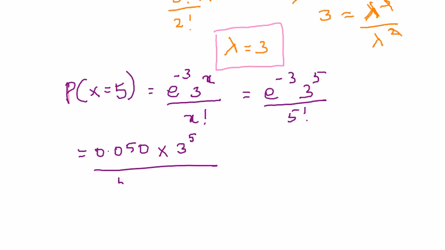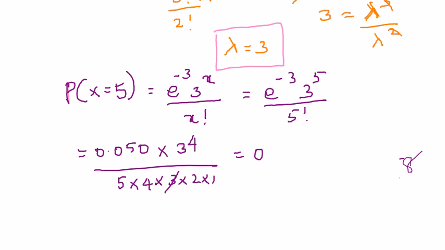5 factorial is nothing but 5 into 4 into 3 into 2 into 1. So I'm going to cancel off that 3 with this 3 from 3 power 5. So this becomes 3 power 4. So we'll write this as 3 power 4, right?